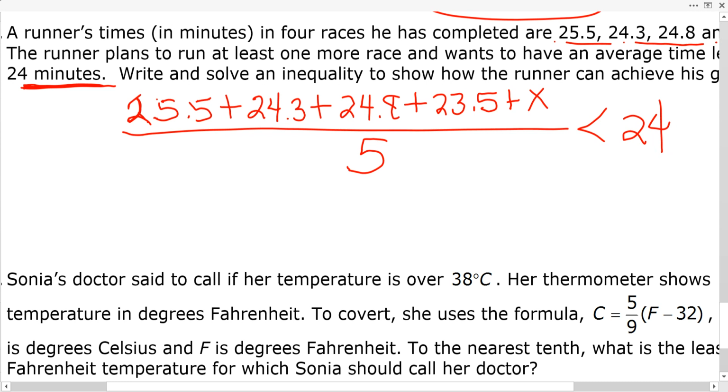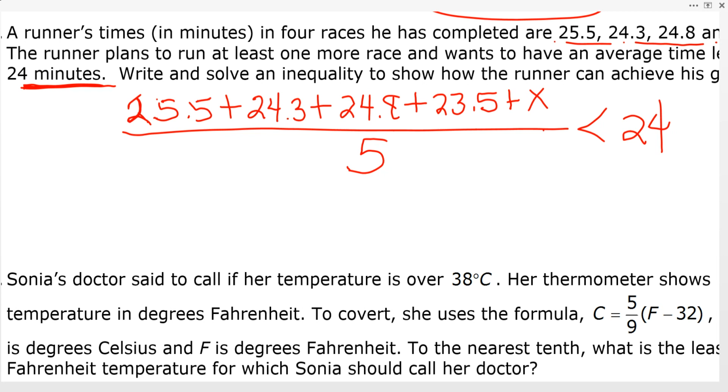Just by looking at this, I can remind myself that this last value is going to have to be less than 24 by quite a bit, because 25 is greater than 24, and 24.3 and 24.8 are close. 23 is less, but we need another smaller value for this to average out to 24.